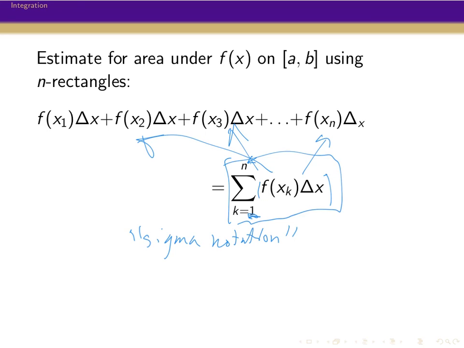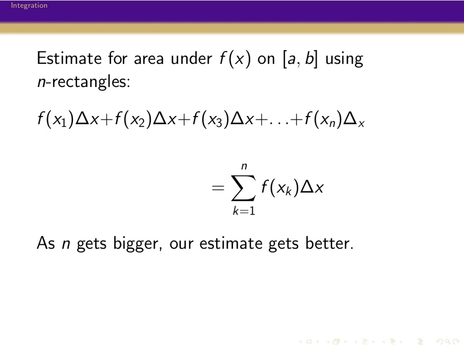And then the natural question is what would we do to make this estimate better? The easiest thing to do is to just increase the number of rectangles you have, right? As n gets bigger, where n is the number of rectangles, using more rectangles makes the widths get smaller.